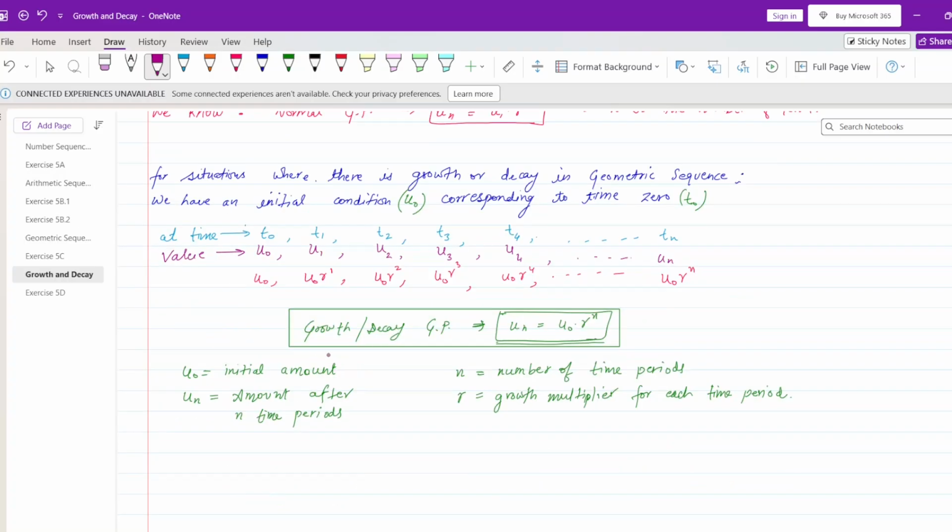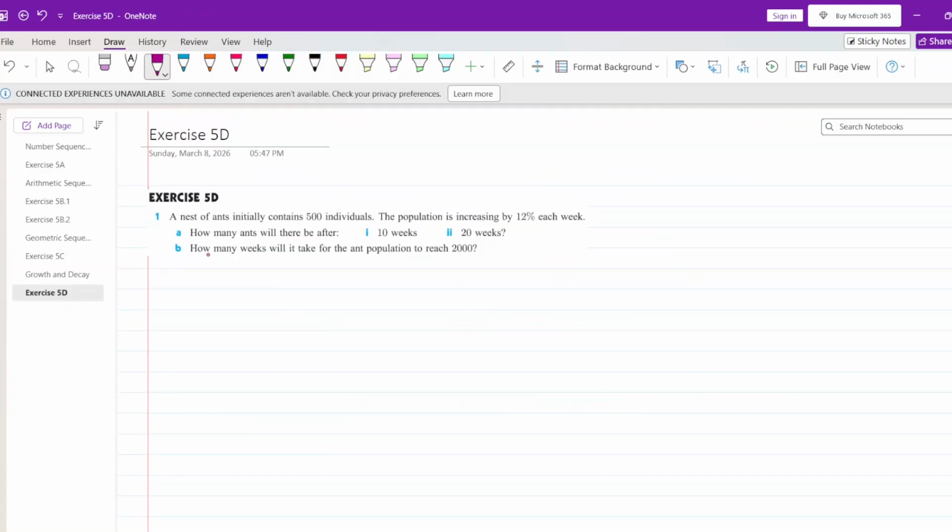So in case of growth or decay geometric progression, the nth term can be written as un equals u0 times r raised to the power n, where u0 is the initial amount, n is the number of time periods, un is the amount after n time periods, and r is the growth multiplier for each time period. So let's go to exercise 5D and solve some problems.